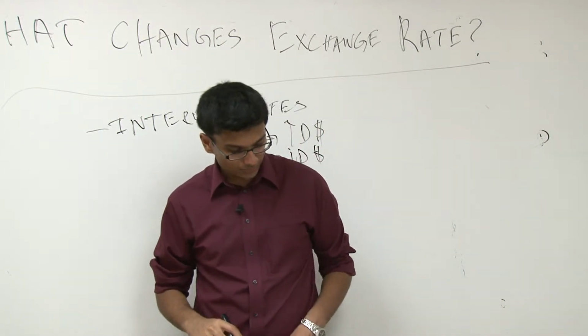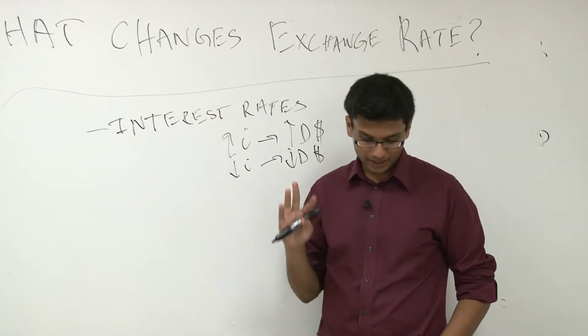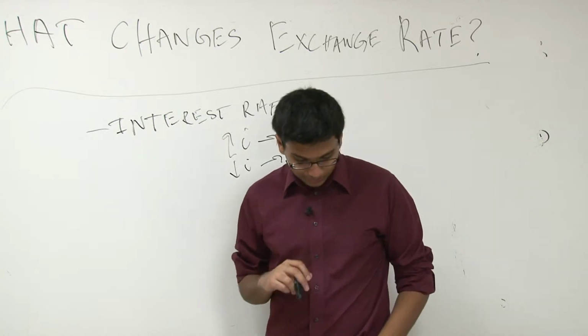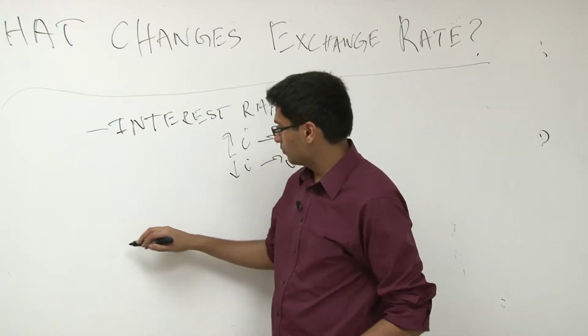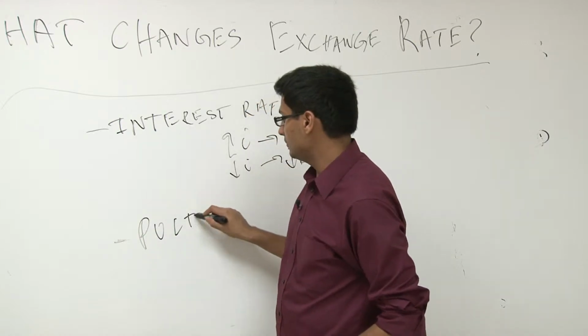So let's talk about the second possibility. We talked about interest rates, a huge factor in affecting currencies and exchange rates. Let's talk about something more pertinent to third world countries: political stability.